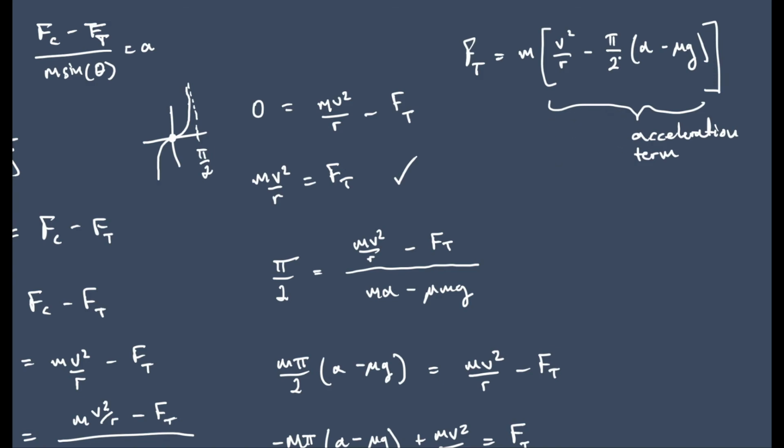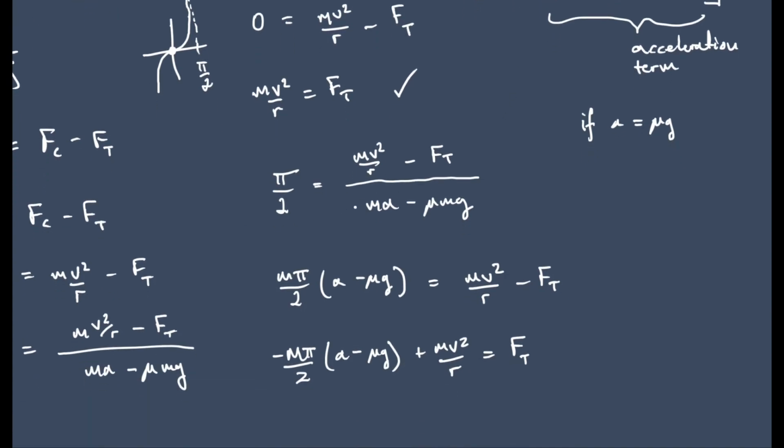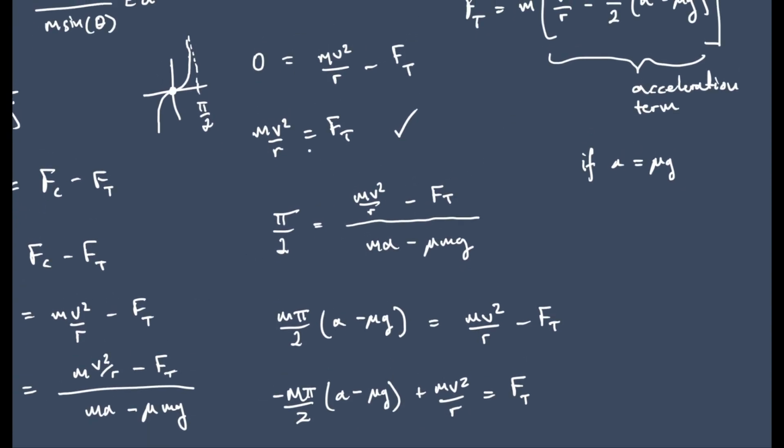If A, this is interesting here, if A equals mu g, then this just becomes, where do I have it? I have it right here. This just becomes this again.